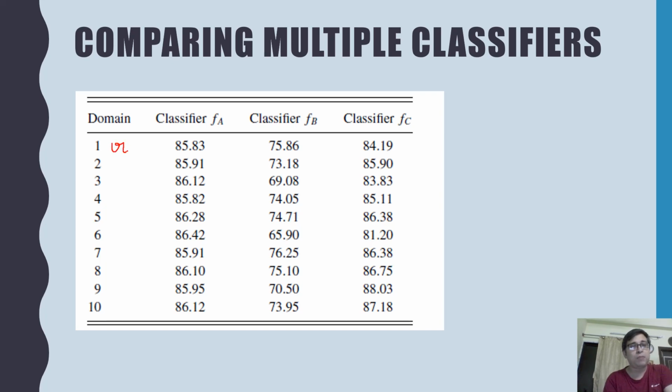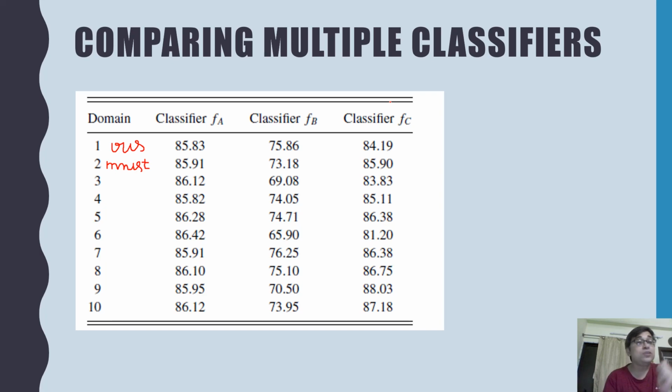So domain 1 may be your iris data set, and domain 2 may be your MNIST data set. So different data sets you have got and their classification accuracy you have found out. This can be KNN, naive Bayes, decision tree. Again, you want to find out whether the difference is significant or not. So you can understand that this is also a case where you can apply your one-way ANOVA.